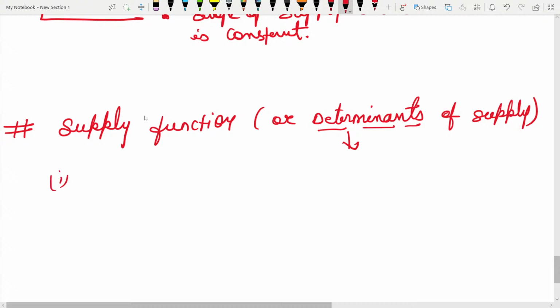The first is that supply is a function of what?